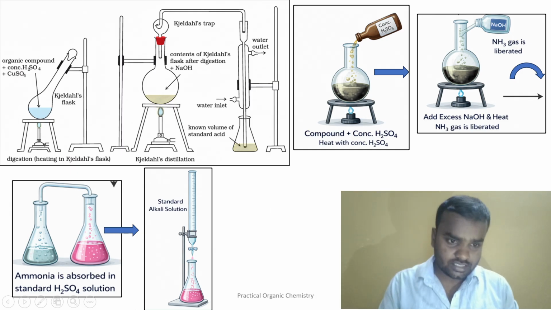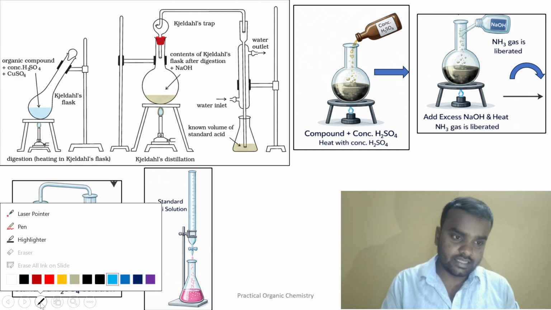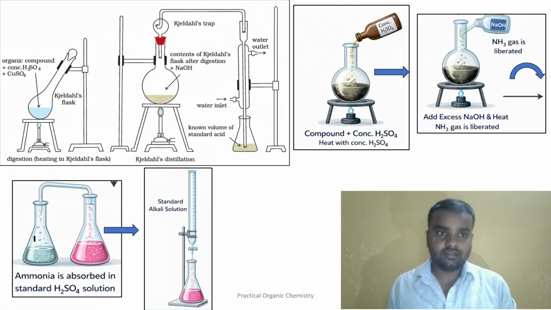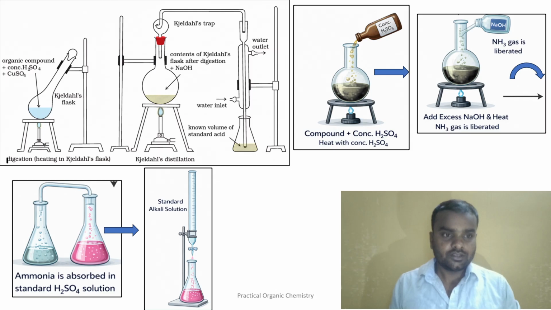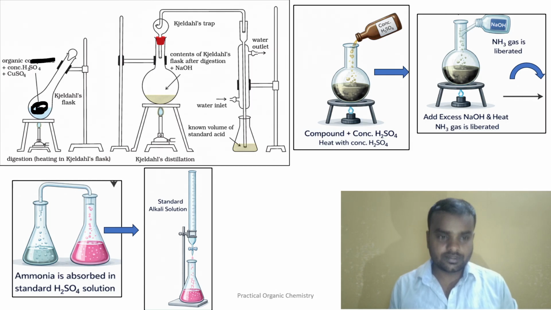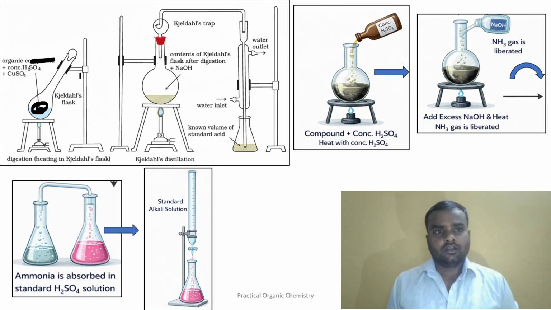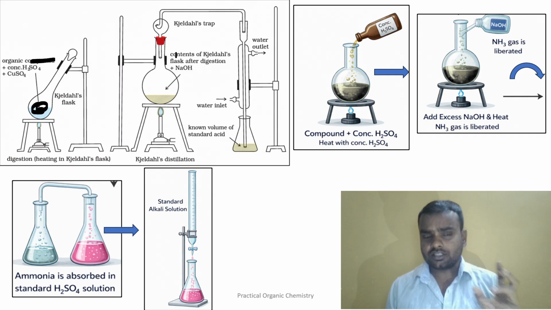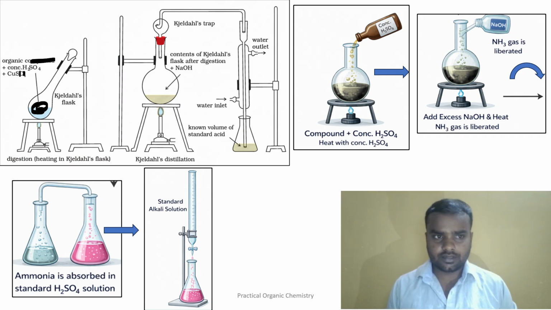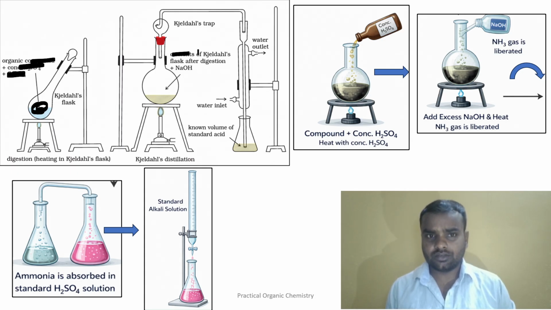So here is the process, in a diagrammatic model, so we can understand it in a much better way. Here we have taken the Kjeldahl flask. In this only we have the organic compound present. After treating with sulfuric acid and copper sulfate, this solution will be transferred into here.